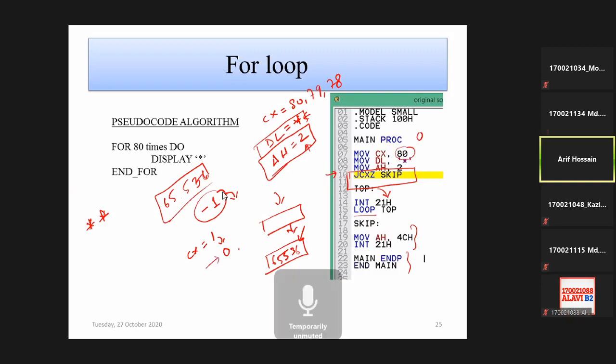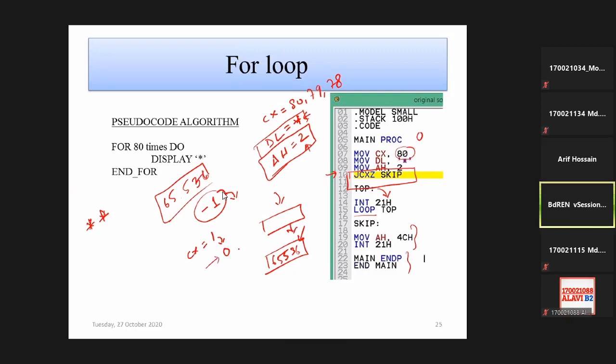Understood now? So Arif, I have one question here. If we are confirmed that this CX value is not 0, we can skip line number 10. Yes, you can skip line number 10 if you know that CX is not equal to 0. This particular line JCXZ reads as jump if CX is 0. So if and only if CX is 0, only then it will jump over here.